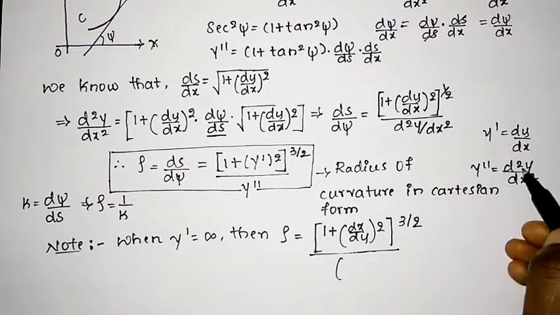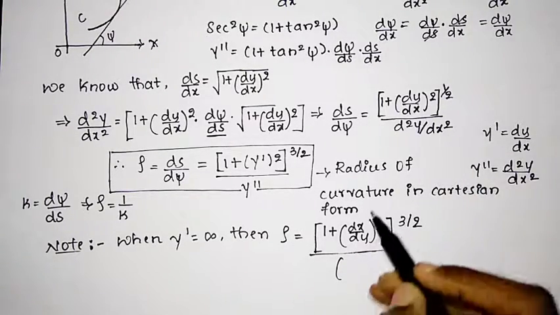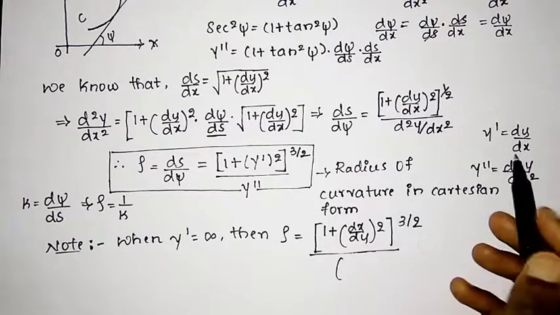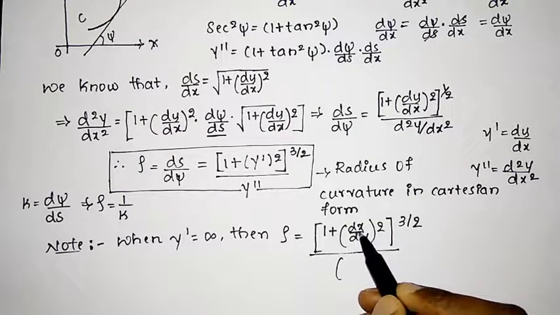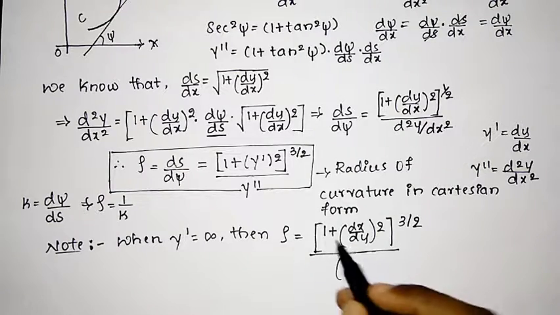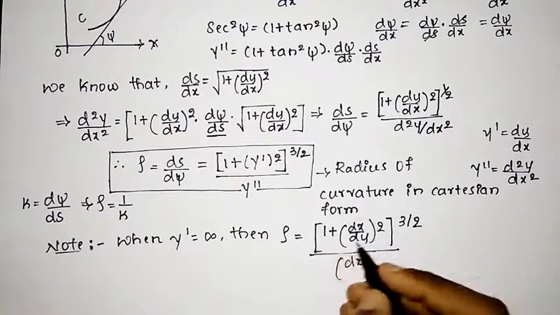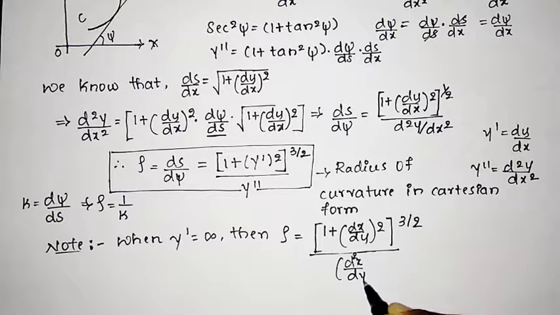When y dash, that is dy upon dx, is infinity, we need to exchange the numerator and denominator, so it will be written as dx upon dy whole square. Similarly, y double dash, the second order derivative, will be d square x upon dy square.